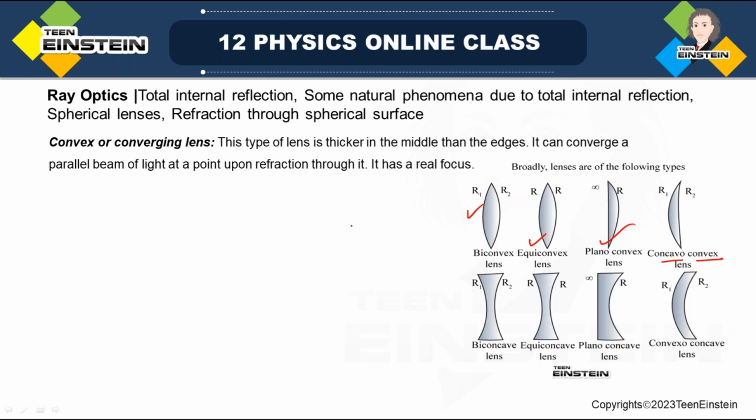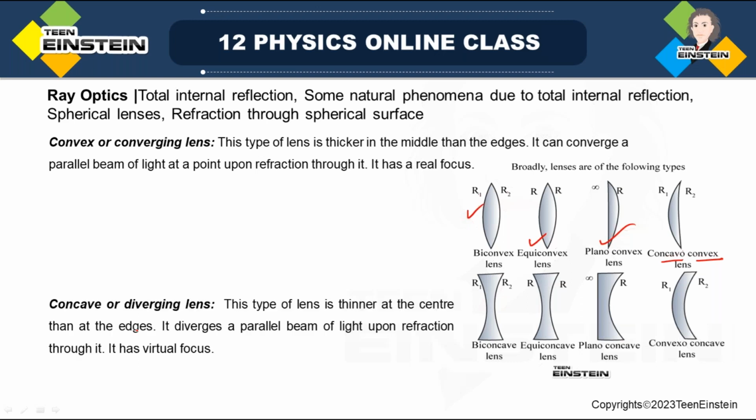In general, a convex lens will converge parallel light, obviously after refraction, to the focus. That's why convex lenses are in general called converging lenses.